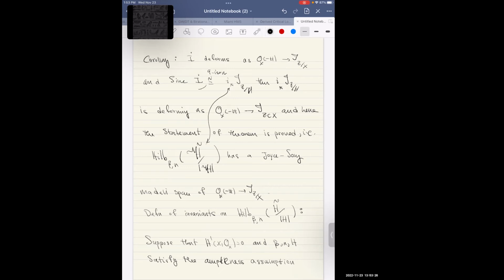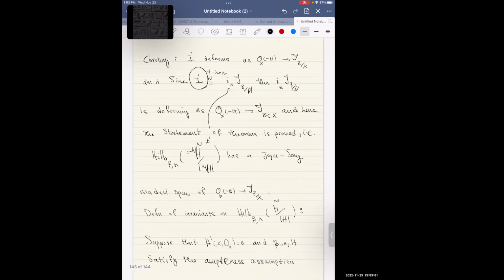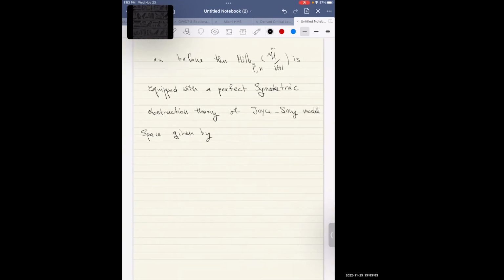We realize that Joyce-Song pairs are given by these I dots. I dots are objects in the derived category. And because of those assumptions that we made, their deformations, which are given by Ext^i of I dot, are always the same as deformations of the O minus H and this two-term complex. So that's nice.